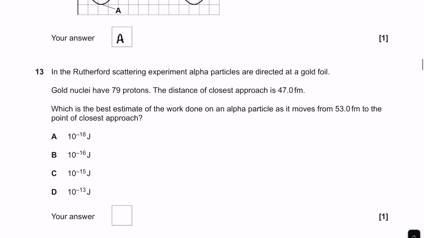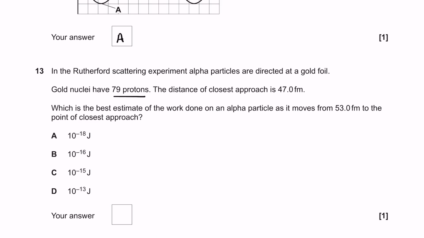Question number 13. In Rutherford's scattering experiment, alpha particles are directed at a gold foil which has 79 protons and the distance of closest approach is 47 femtometers. What is the best estimate of the work done on an alpha particle as it moves from a distance of 53 femtometers to the point of closest approach?